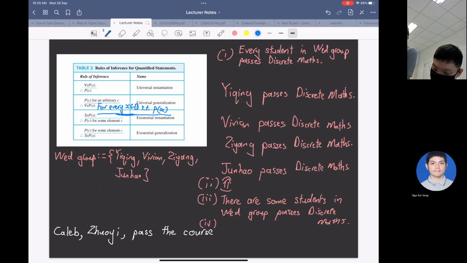Because c is a particular example of x, c is not a subset of x.